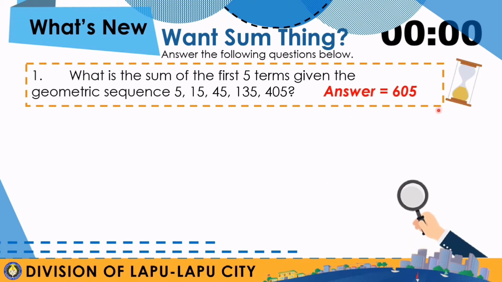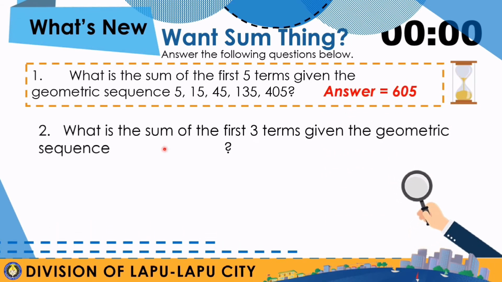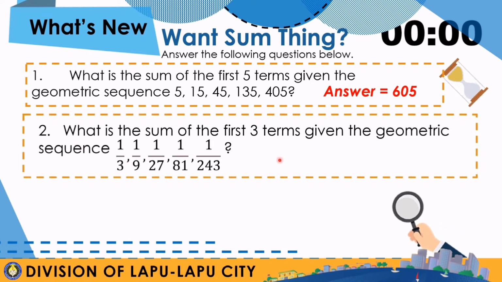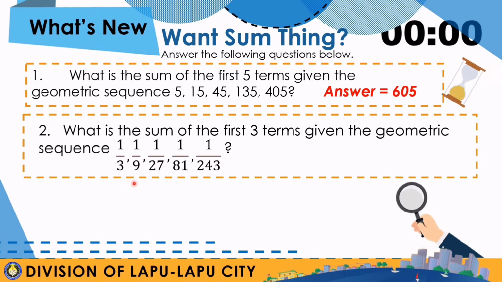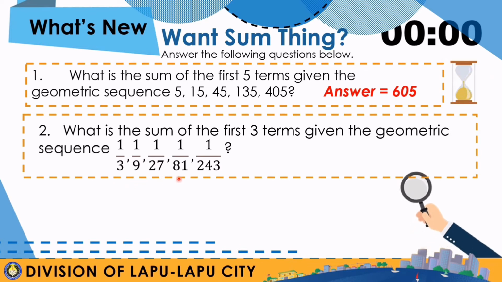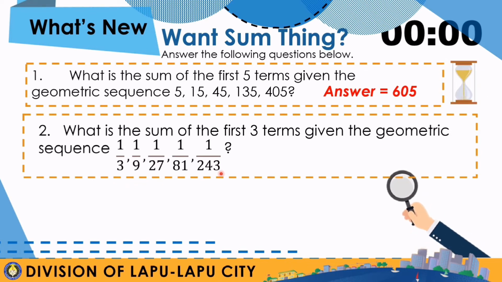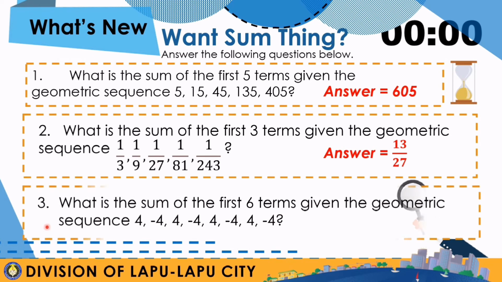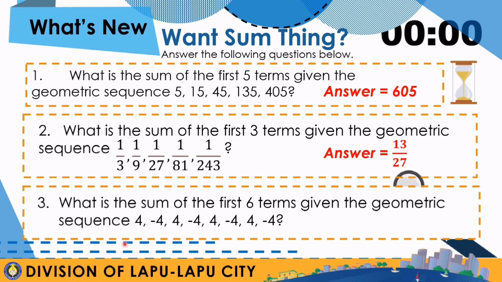The answer, 605. What about for number 2? What is the sum of the first 3 terms given the geometric sequence 1/3, 1/9, 1/27, 1/81, and 1/243? The answer, 13/27.